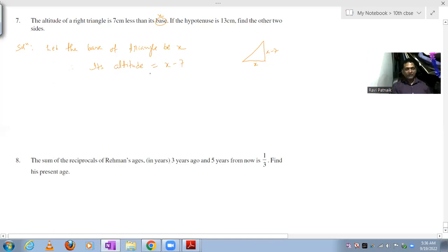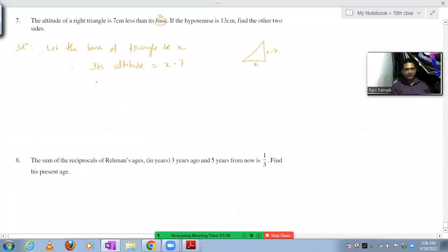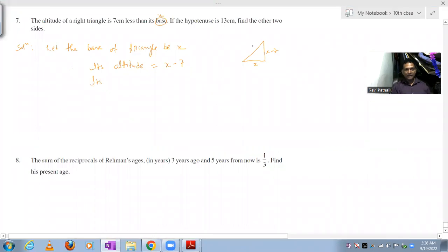Now the hypotenuse is already given. Its hypotenuse is 13 centimeters. Its hypotenuse is equal to 13 centimeters. Okay, let me write this A, B, C.